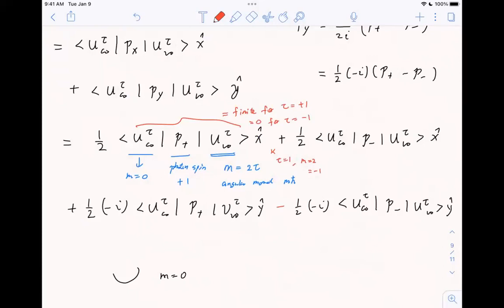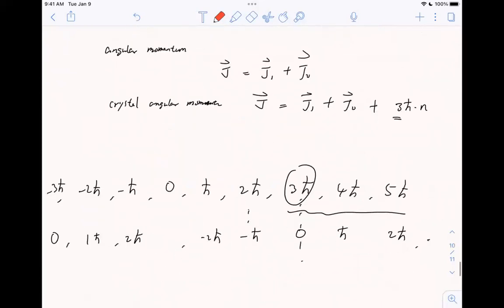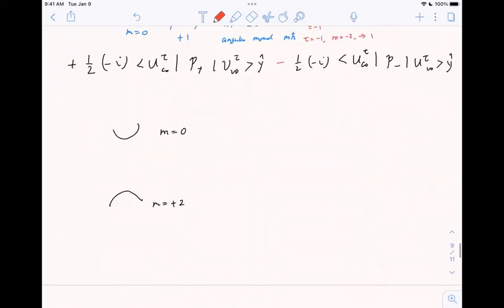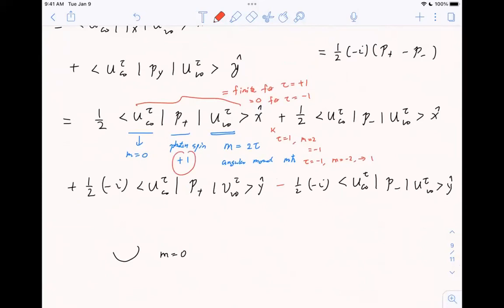If it is negative 1, then m will be negative 2, and negative 2 is just 1. So you have 1h bar plus 1, you won't get 0. So this transition is forbidden. Basically, it's just the valley selection rule. So this term is finite.